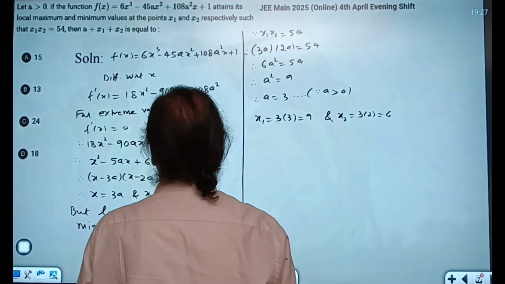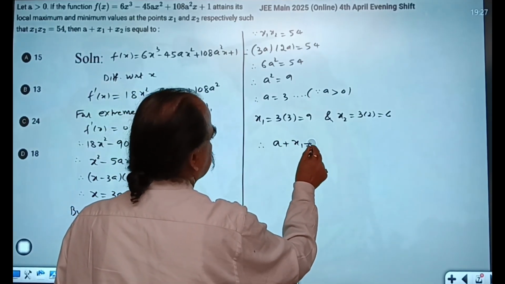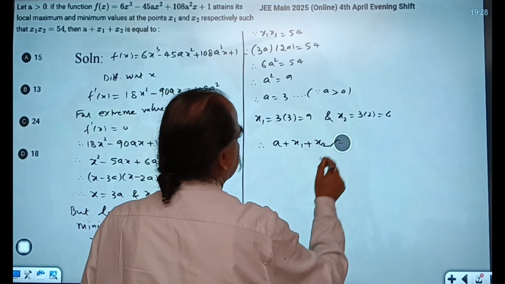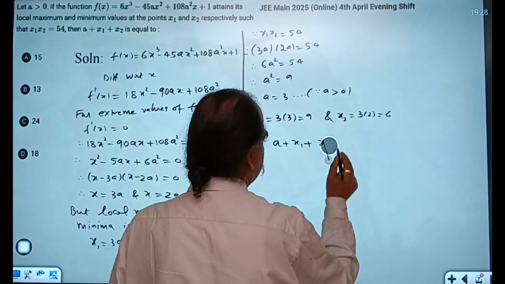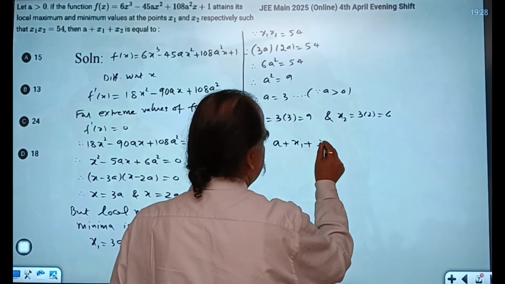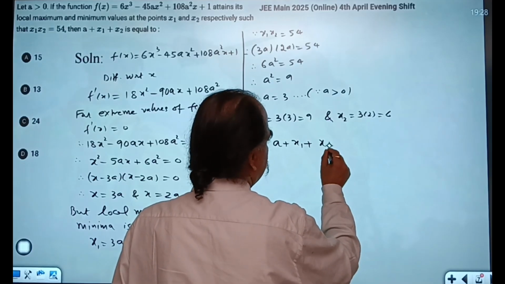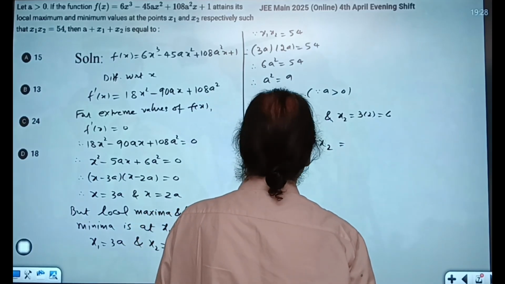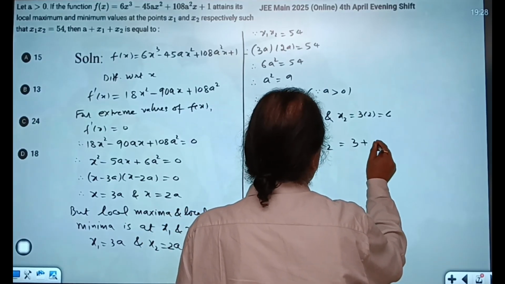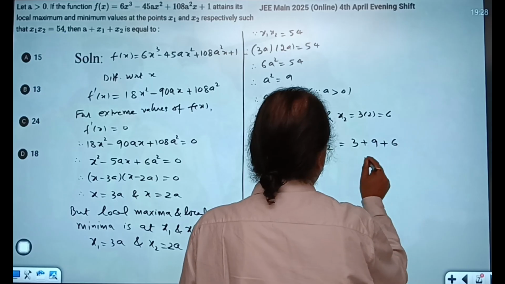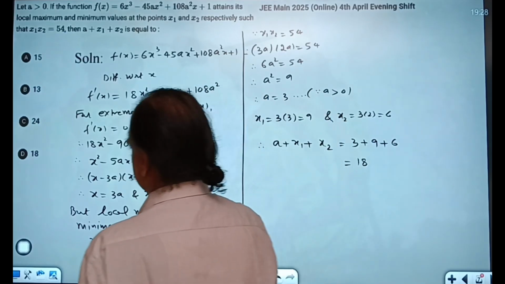We need a plus x1 plus x2, which is equal to 3 plus 9 plus 6, which is equal to 18. D is the answer.